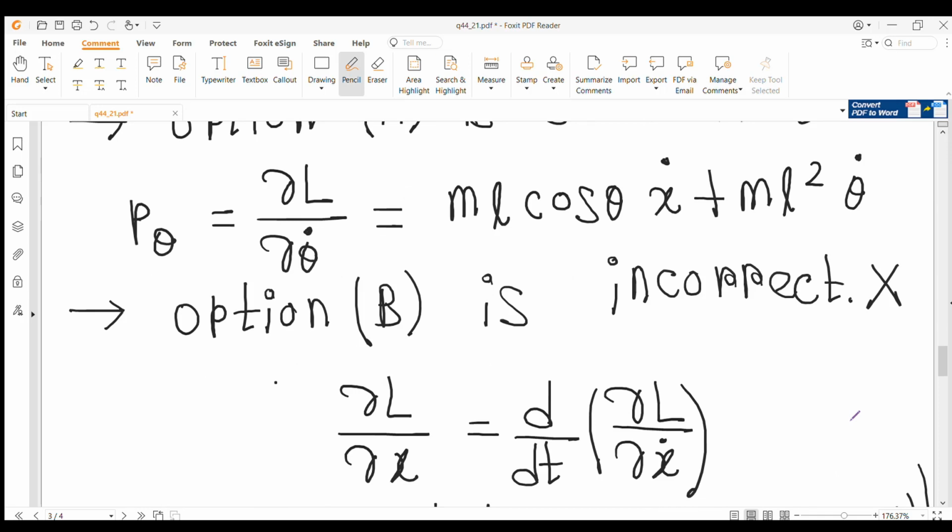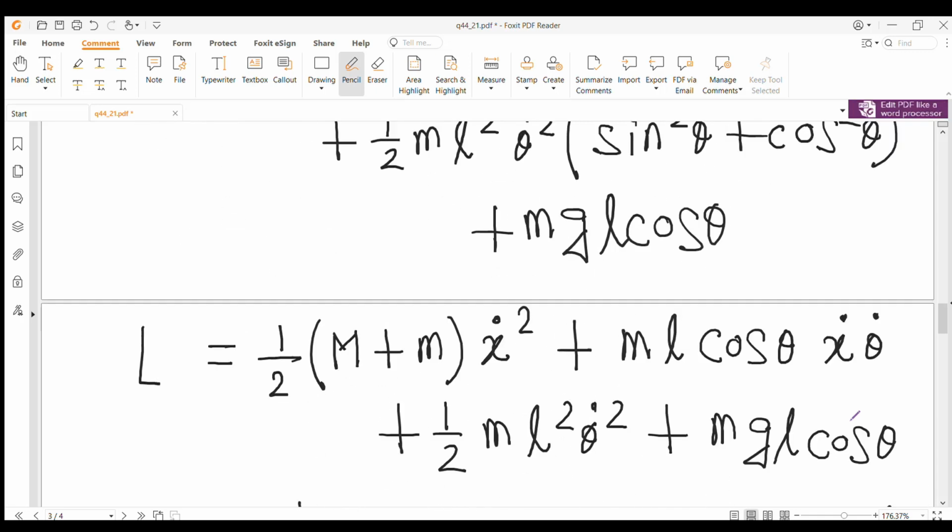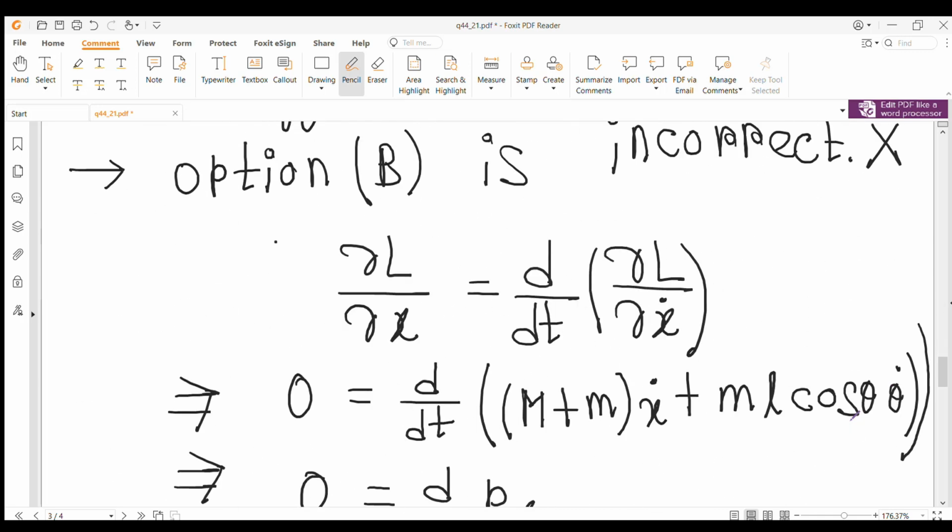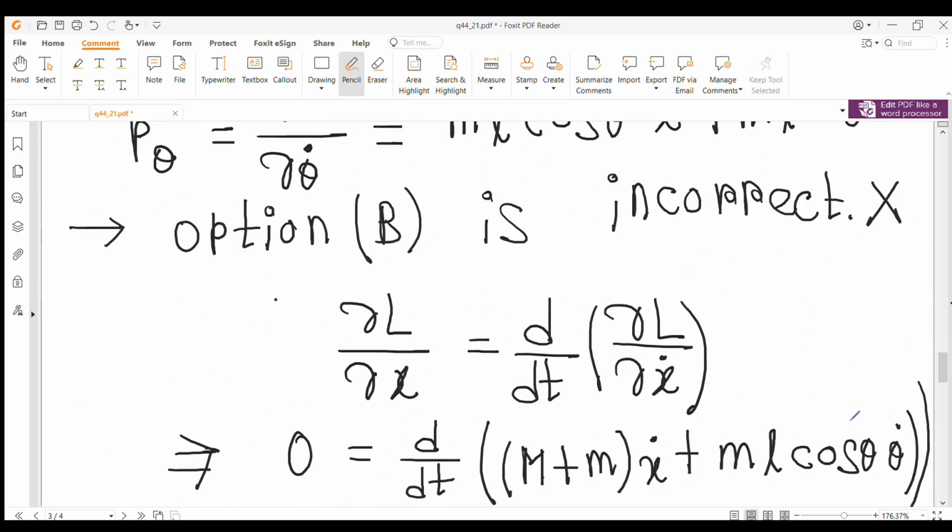Now let's find out the equation of motion corresponding to the x coordinate, which is given by del L del x equal to d/dt of del L del x dot. The Lagrangian L is independent of x, so del L del x is 0. On the other hand, del L del x dot is equal to capital M plus small m into x dot plus small m into L into cos theta into theta dot.